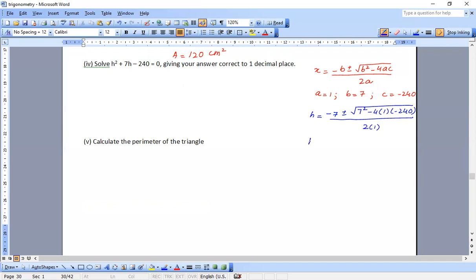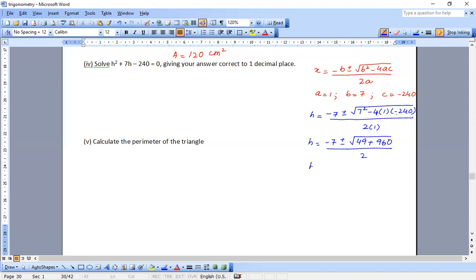2a. This is minus 7 plus minus square root of 7 square, which becomes 49. Be careful with the signs. This is minus 4 and this is minus 240, so this becomes plus. I'll multiply 240 with 4 and get 960, divided by 2 ones are 2.